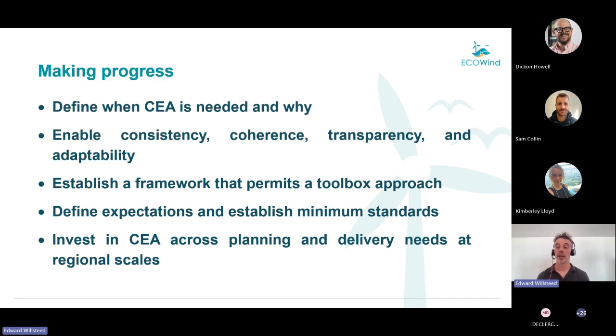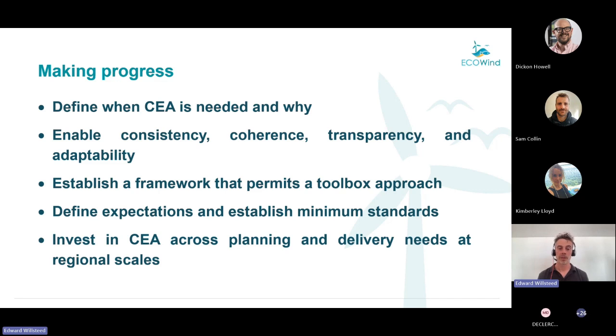So recognizing that we're likely to always require a range of approaches, we need to enable consistency, coherence, transparency, and adaptability. The adaptability particularly refers to advancing technologies, and as we make use of things such as artificial intelligence, perhaps, then we need to make sure that whatever overarching framework we can move towards, that it's adaptable to make use of technological advances.